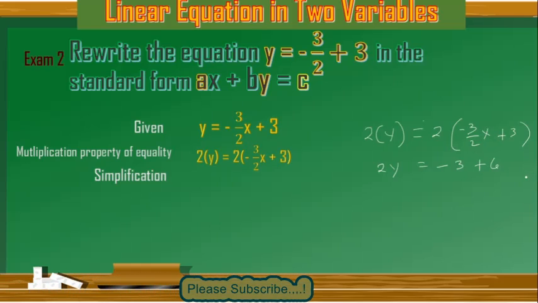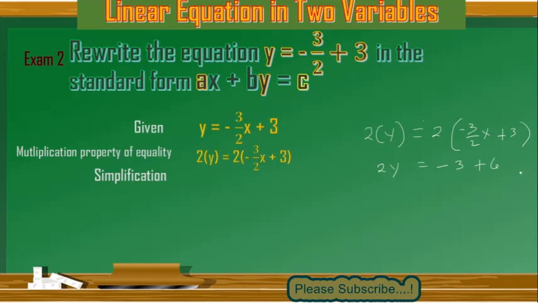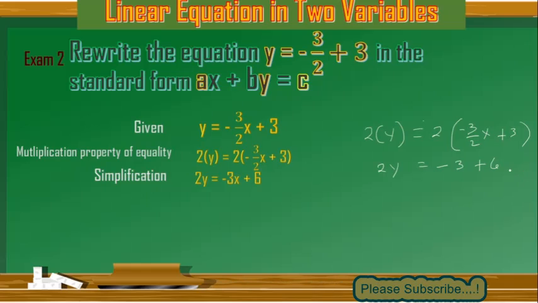Then we will apply the addition property of equality, meaning we have to transfer all the terms with variables to the left side, just like the standard form, and on the right side, all the constants. Okay, so this is how it is done.